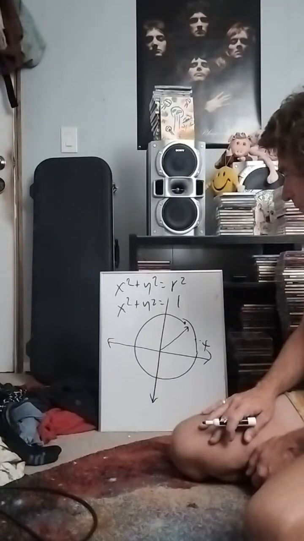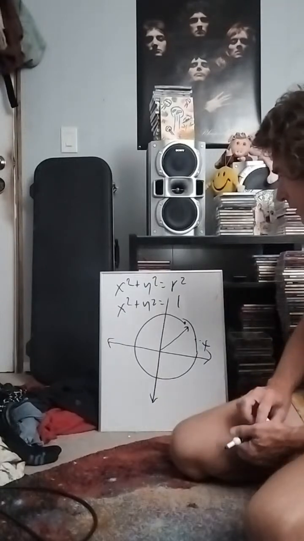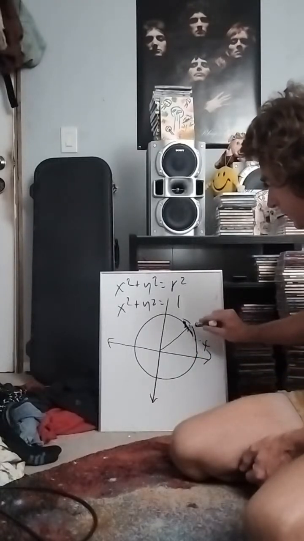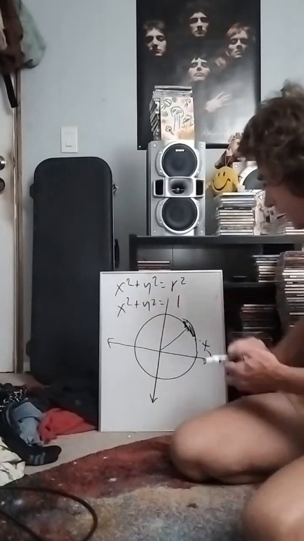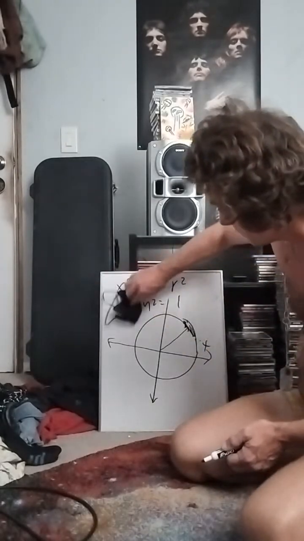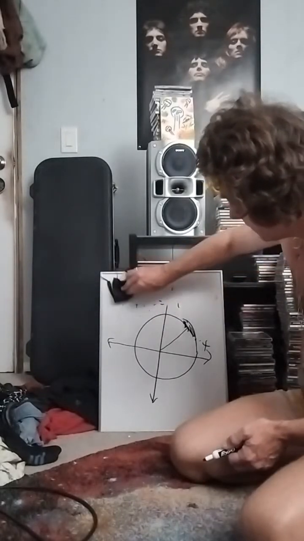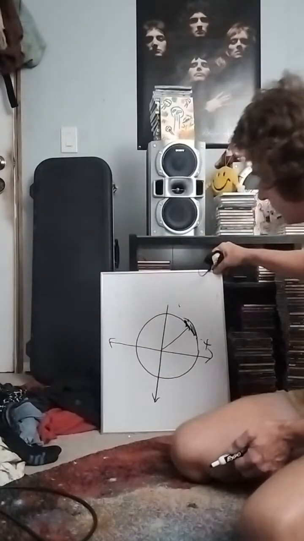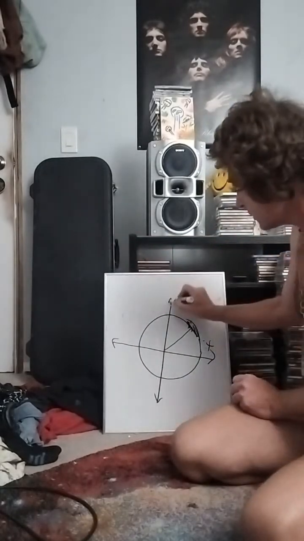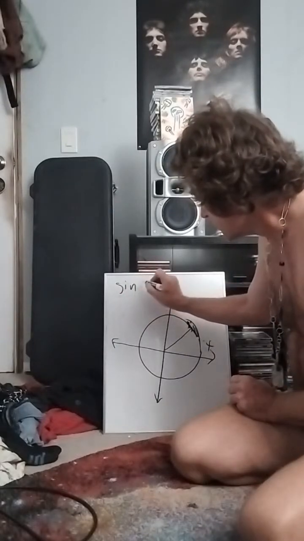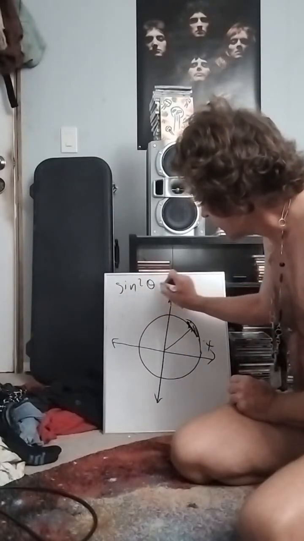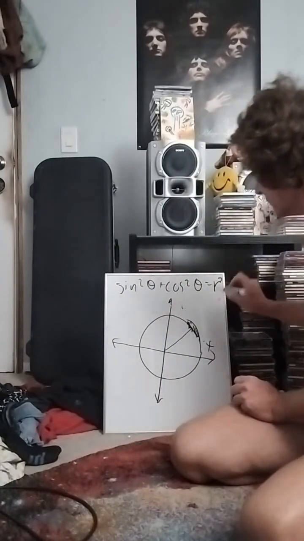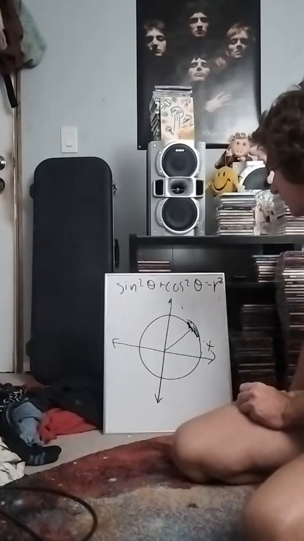And we know that this point is x plus iy if this is the complex plane. Now, we have x squared plus y squared equals 1, but from trigonometry we have the well-known trig identity, which says that sine squared theta plus cosine squared theta equals 1.